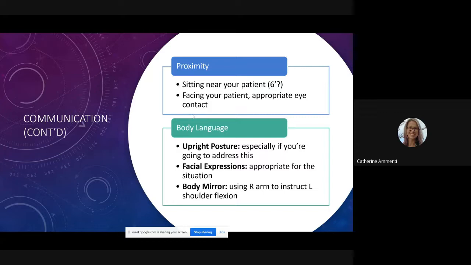Make sure that your facial expressions are appropriate for the situation. Sometimes we are speaking to patients who make us feel exasperated and frustrated and annoyed and irritated. And those are really common and real feelings.